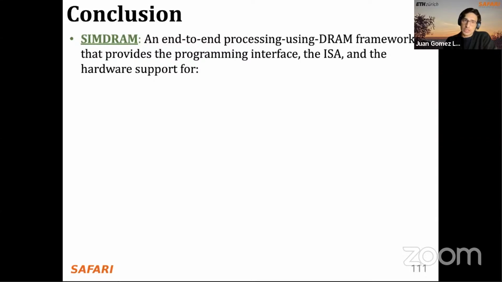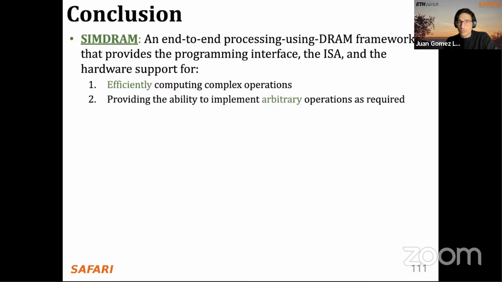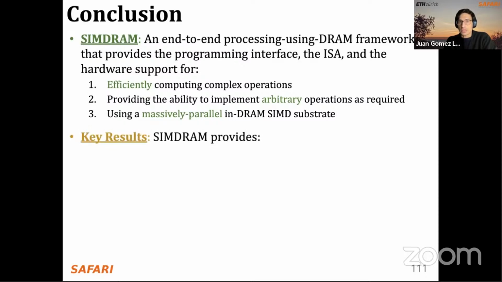We have presented SIMDRAM, an end-to-end processing-using-DRAM framework that provides all the elements that you need to make use of processing using DRAM: a programming interface, the ISA extensions that we can create by employing the 3-step framework, and the hardware support for efficiently computing complex operations, providing the ability to implement new operations as desired, using the massive parallelism that DRAM has, essentially using each bitline as a SIMD lane.